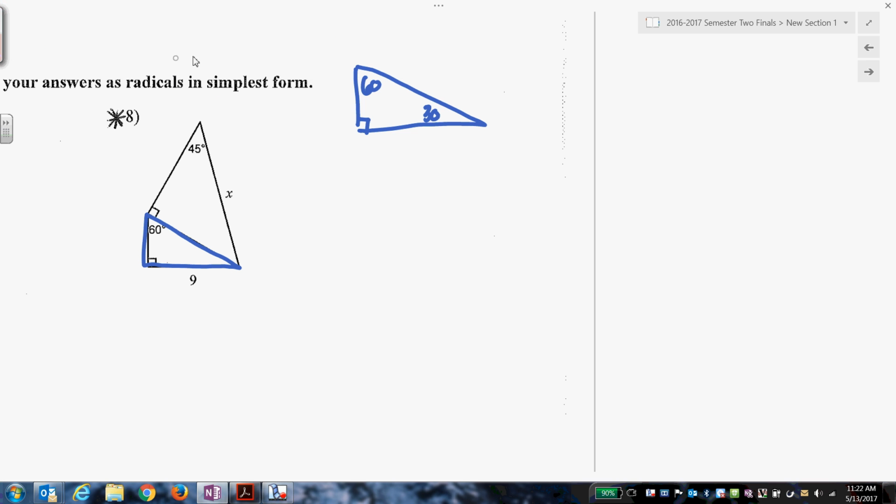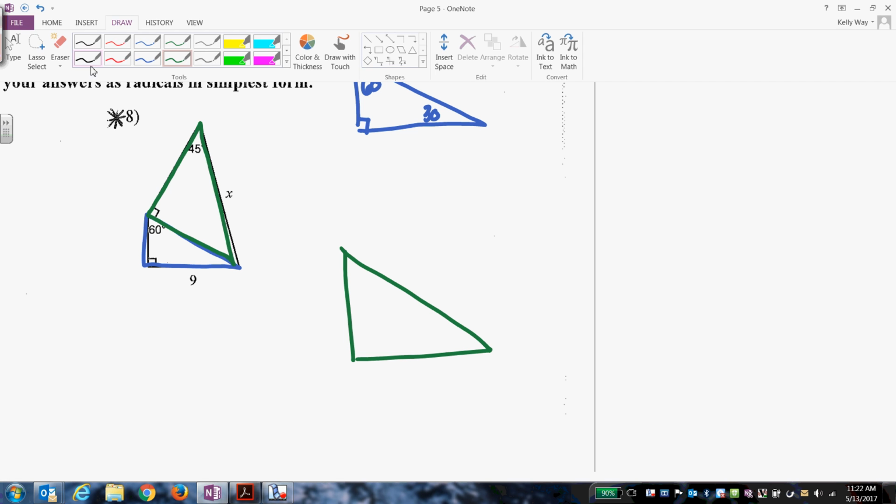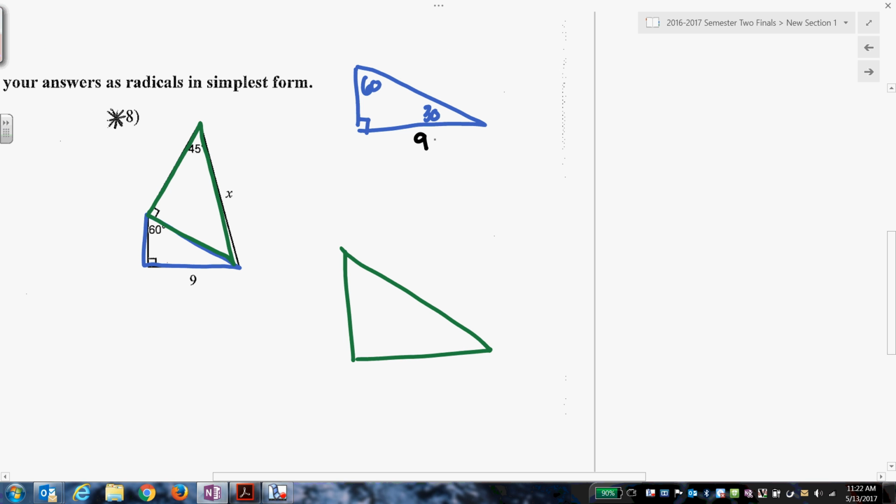And then you have yourself a 45, 45, 90 triangle. Let's pull that out. We have one number to work with. We're ultimately going for this X.